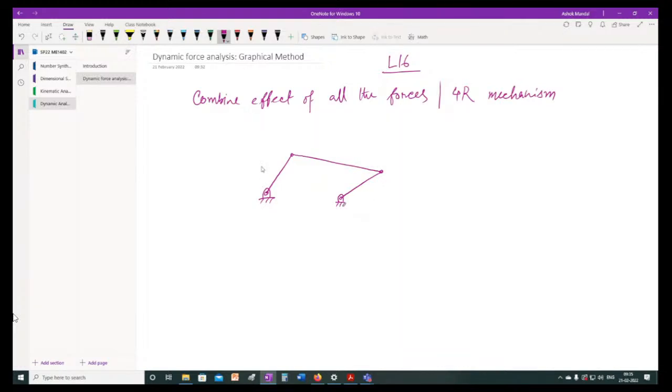So these are links 2, 3, 4. We have these points O2, O4, and this is subjected to forces and moments.